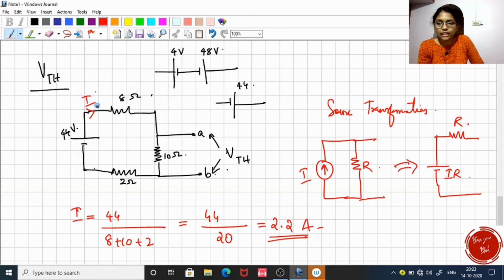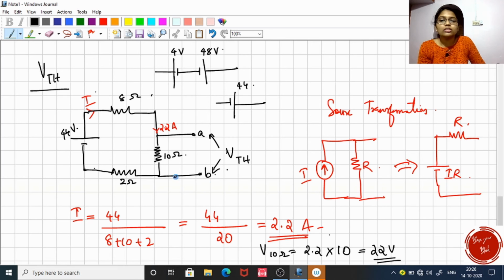The current passing through this 10 ohm is 2.2 ampere, and 2.2 amps flowing through this 10 ohm resistor will give out some voltage. The voltage across this 10 ohm is the current through 10 ohm, 2.2, into the 10 ohm resistor, so it is 22 volt.